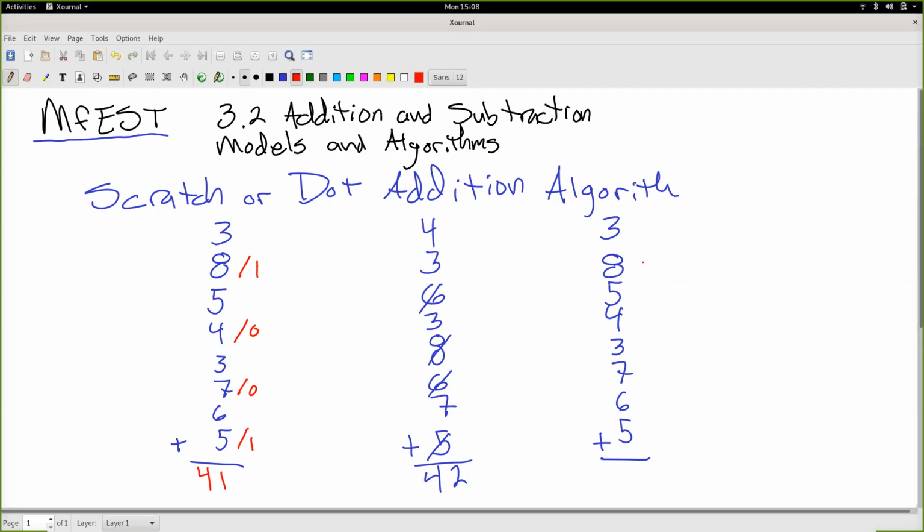So 8 and 3 is a 10, so I make a dot. Sorry, 8 and 3 is 11. I make a dot, keep the 1 in my head. 1 and 5 is 6, and 4 is 10, dot. No ones plus 3 is 3. 3 and 7 is a 10, no ones. 6 and 5 is 11, and then the 1 from 11 goes there, and there were 1, 2, 3, 4 tens. So that is the scratch or dot algorithm.